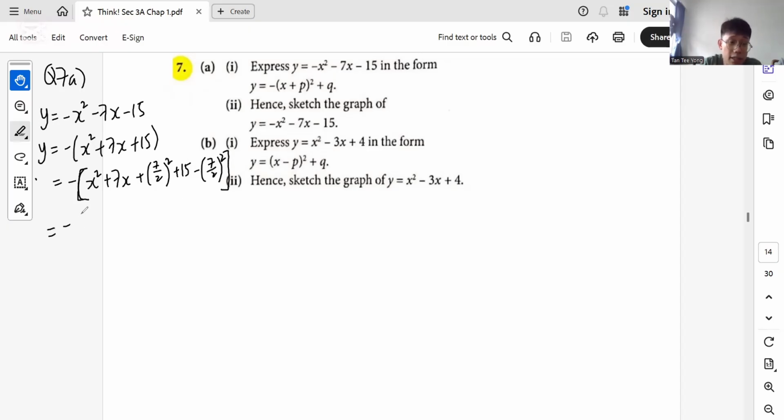Then equals negative square bracket (x plus 7 over 2) squared, then the part behind, just key in your calculator. It should still be positive, so plus 11 over 4. Then bring in the negative, so negative bracket (x plus 7 over 2) squared minus 11 over 4.